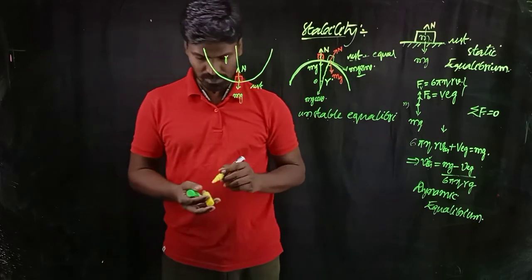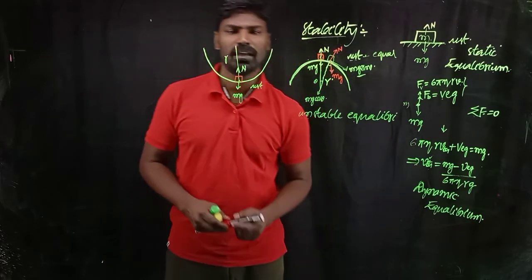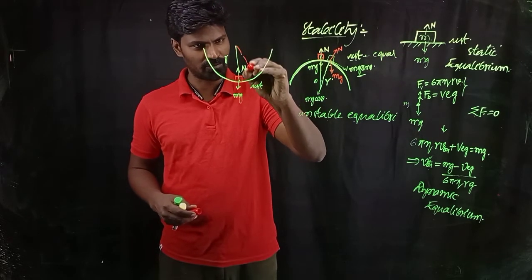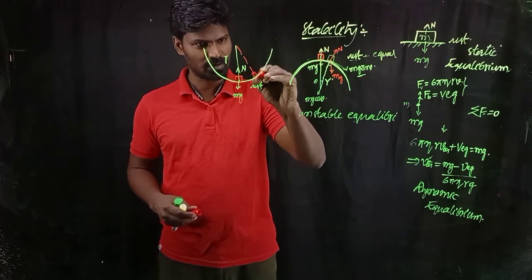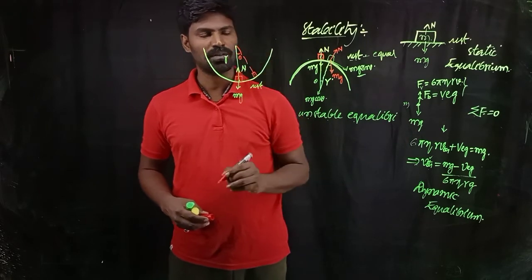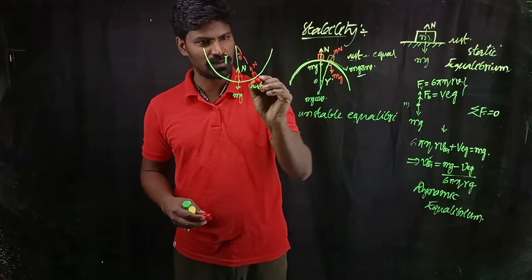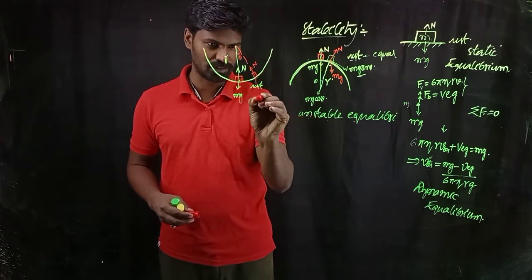Same scenario. I am considering the particle at a somewhat displaced position from its mean position, somewhere over here. If you take this angle as theta, what happens? The normal reaction now is in this direction and mg is always vertically downward.